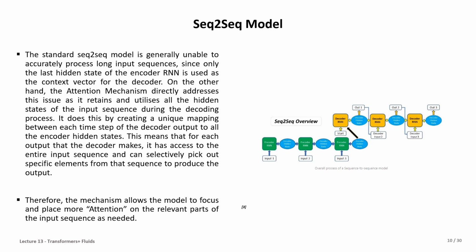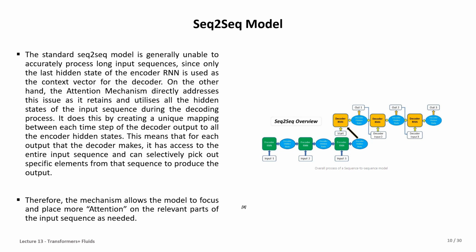The attention mechanism directly addresses the long input sequence issue as it retains and utilizes all the hidden states of the input sequence during the decoding process. It does this by creating a unique mapping between each time step of the decoder output and all the encoder hidden states.